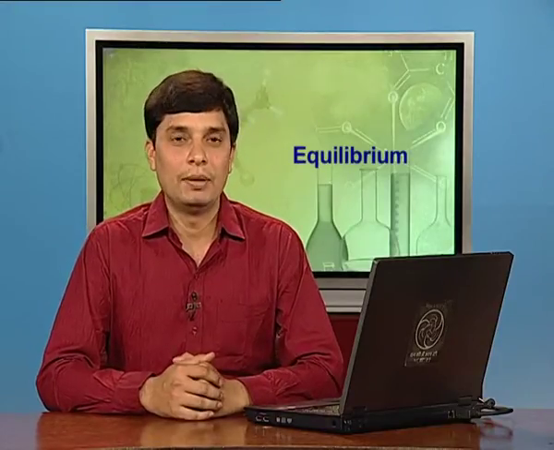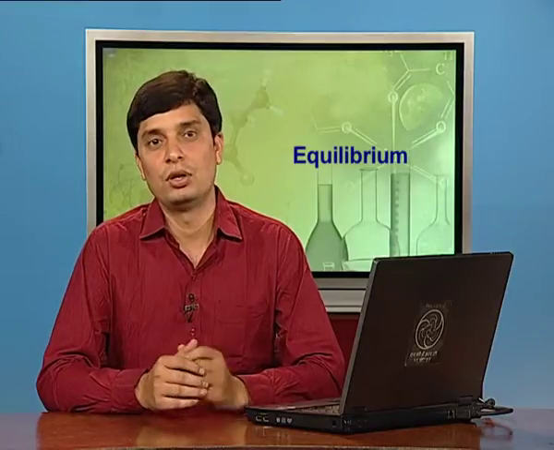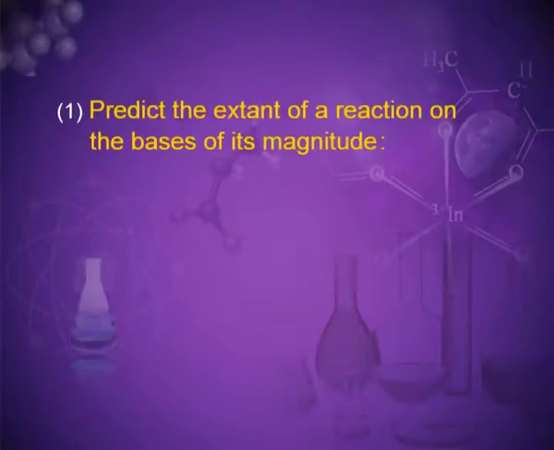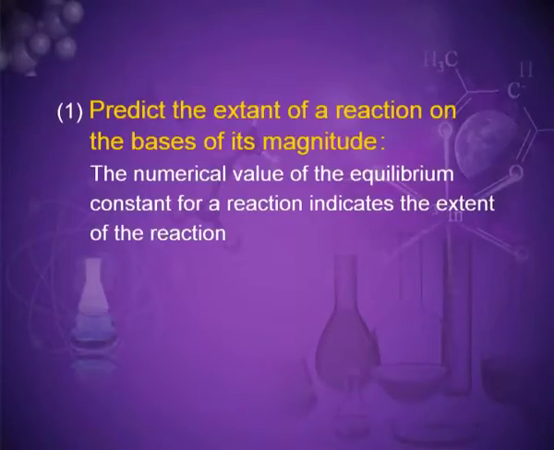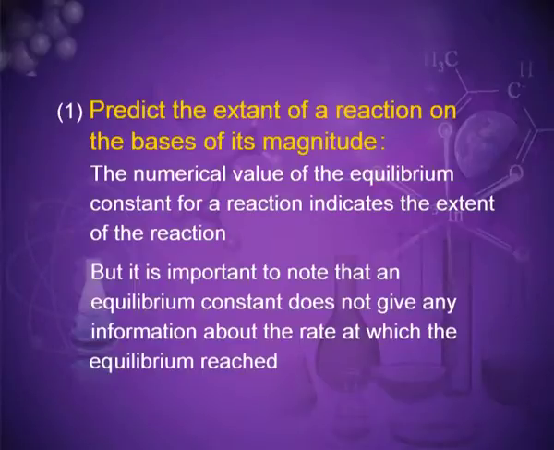Let us consider the applications of the equilibrium constant. First, to predict the extent of a reaction on the basis of its magnitude. The numerical value of the equilibrium constant for a reaction indicates the extent of the reaction, but it is important to note that an equilibrium constant does not give any information about the rate at which equilibrium is reached.